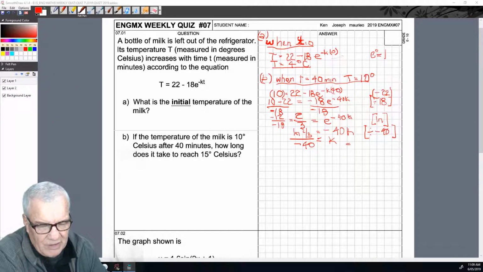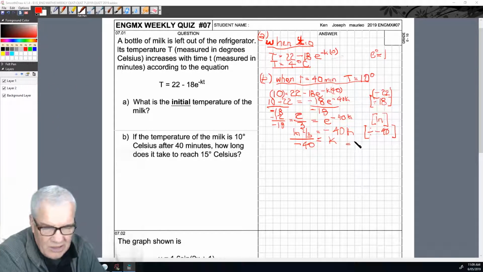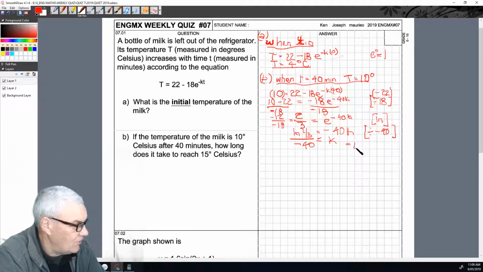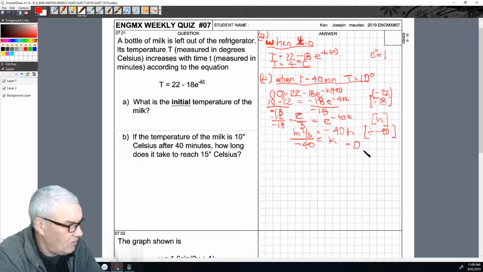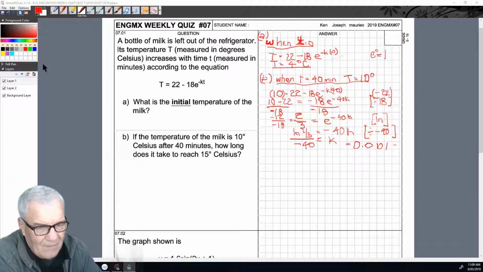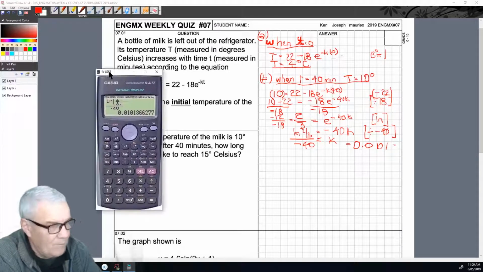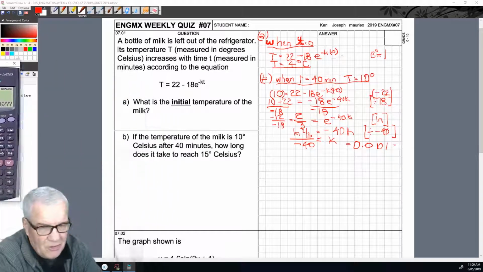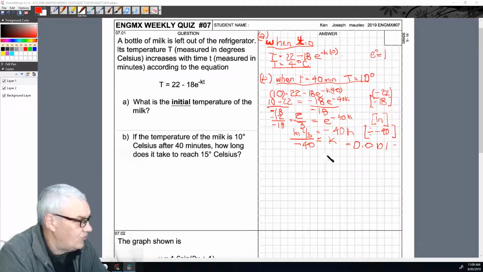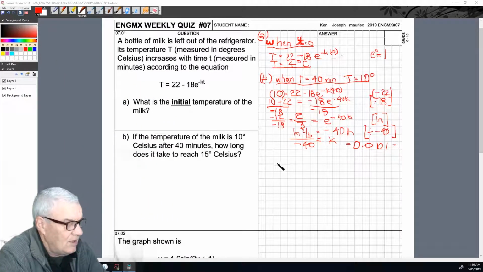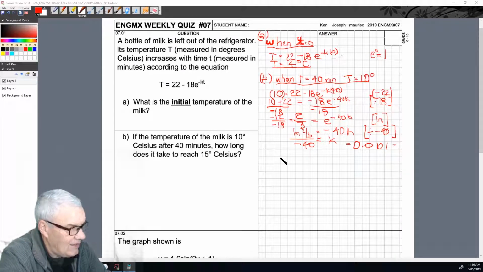Now I'm just going to move that over onto my second screen where I'll still be able to see it. 0.0101. Yeah, I'll just bring that back. You can see there 0.0101. All right, so that's given us k.